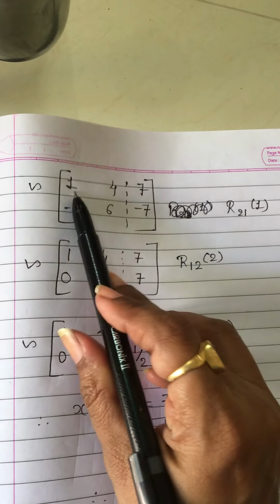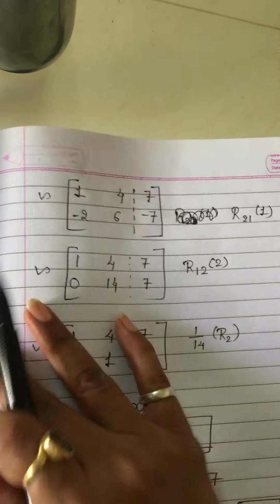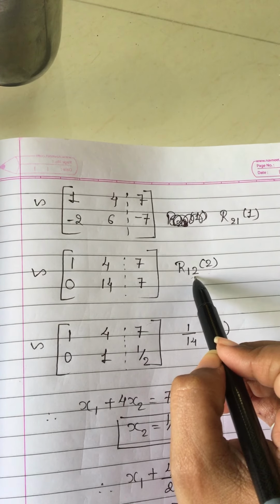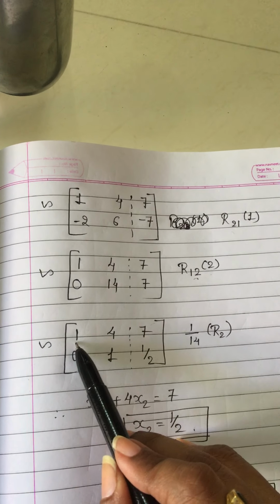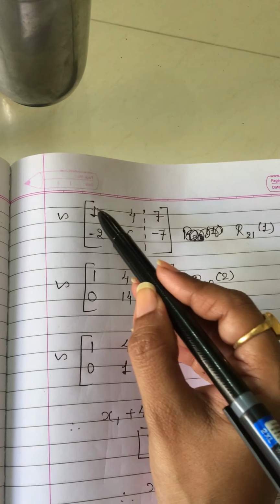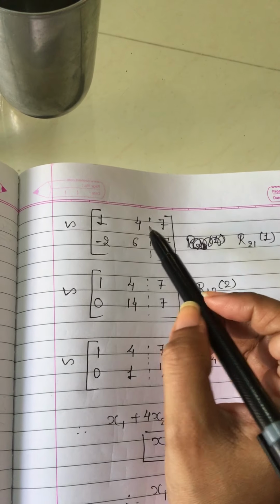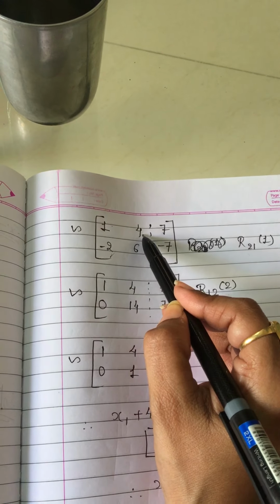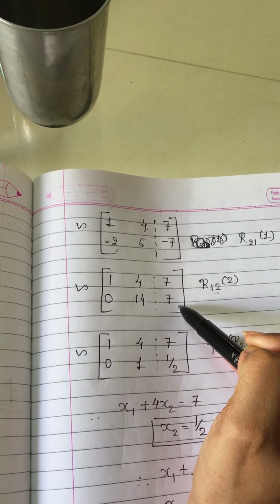So 1 4 7, minus 2 6 minus 7. Next multiply your first row with 2 and add it to the second row, so you will get the answer: minus 2 plus 2 is 0, 4 multiplied with 2 is 8, 6 plus 8 is 14, 7 multiplied with 2 is 14, minus 7 plus 14 gives you plus 7.